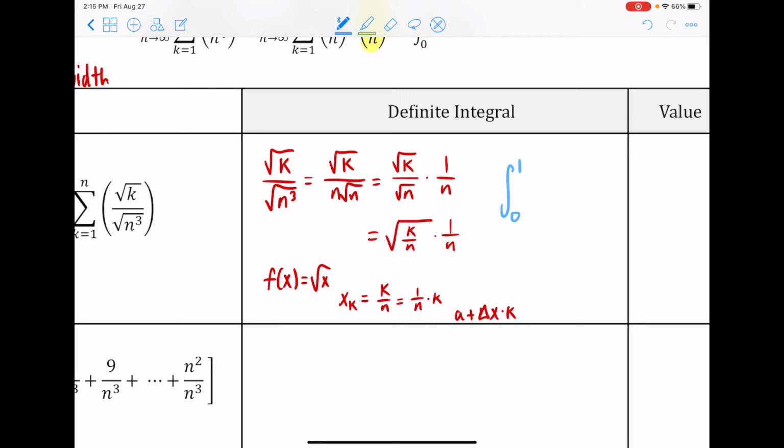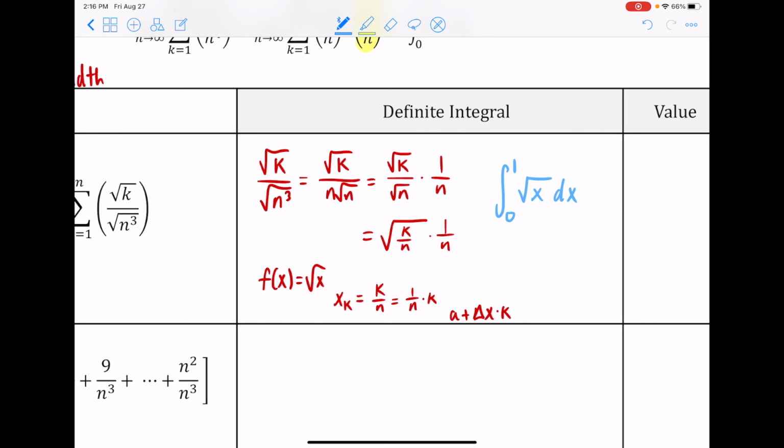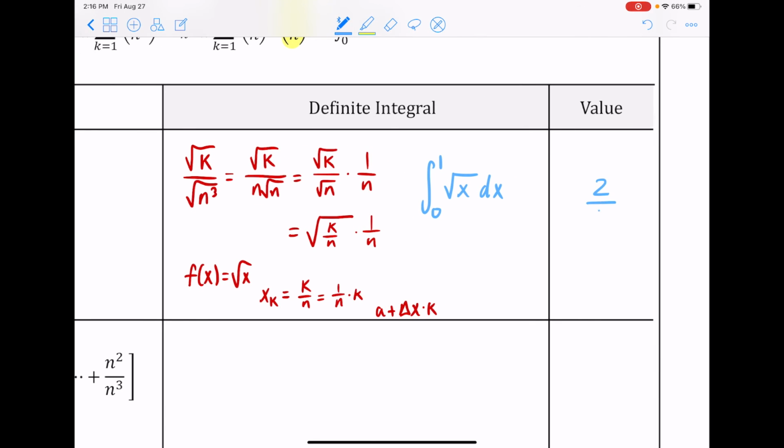So from 0, we're going to go up 1. And then our function here is just the square root of x, and then dx. And if you are curious to know the value of that, it is exactly 2/3. Okay, so these get a little tricky. You gotta do some serious algebra gymnastics to make these work. Okay, all right. So how about this one?